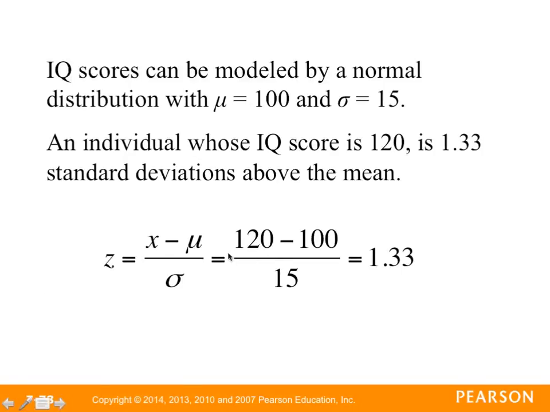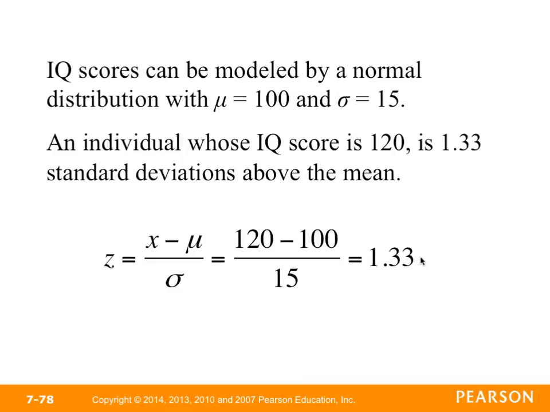So what you could do is you could calculate the z-score for this person who has an IQ of 120. So if you want to calculate z-score, you just take 120, which is what you're interested in, and then you subtract your mean, which is 100, and divide by 15, which is your standard deviation. And if you do that, you get 1.33. So that gives you the number of standard deviations above the mean.